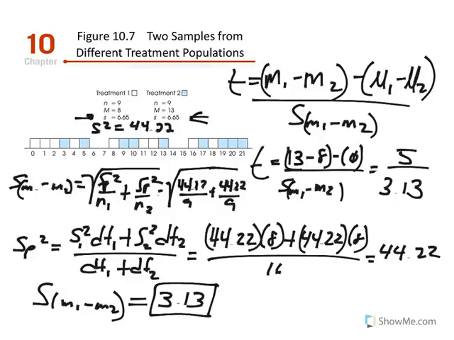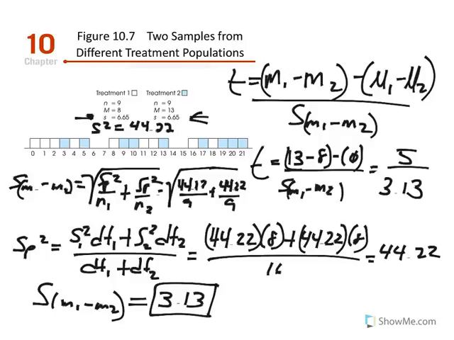Again, dividing by a smaller number increases the t-statistic, the quotient of that equation. Here we're dividing by a larger number because variability has increased significantly. So the standard error reflects that increase, and now our t-value is affected by that, and we're taking the mean difference of 5 and dividing it by a larger number, in this case 3.13.